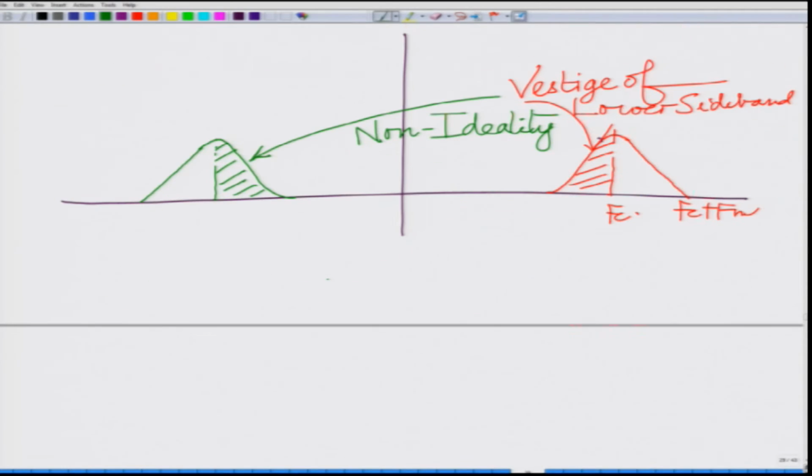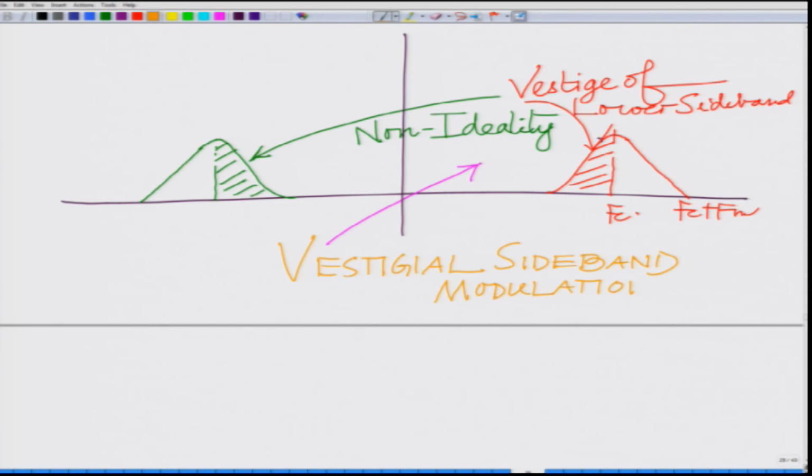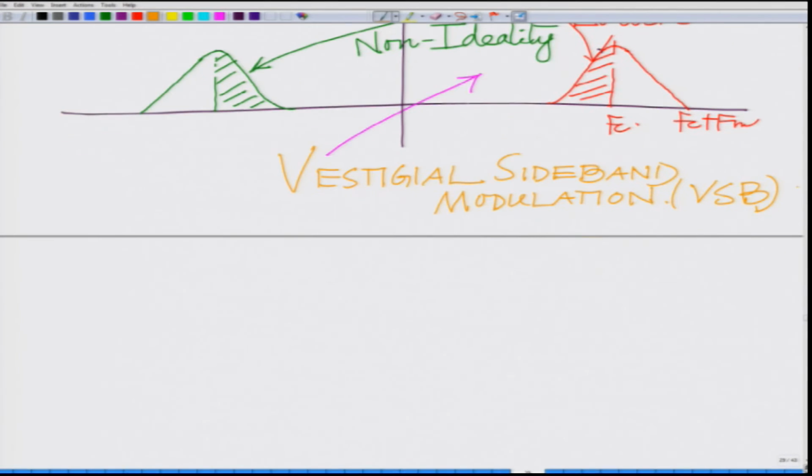So, this signal is termed your vestigial, let me write it in bold, VSB, which contains a vestige of the other sideband.